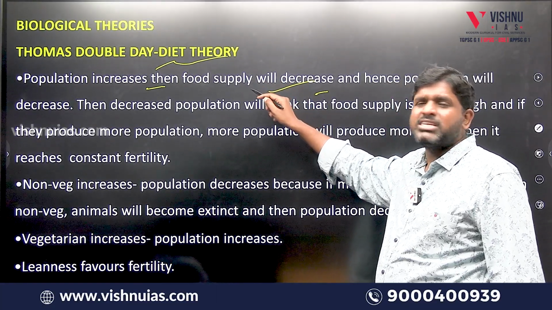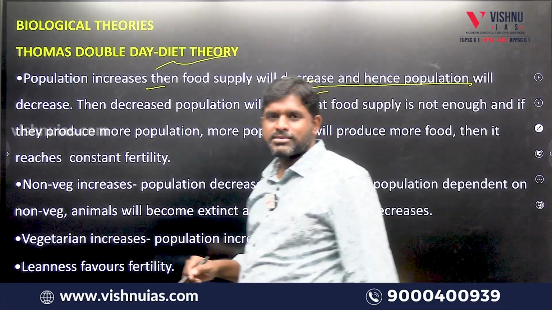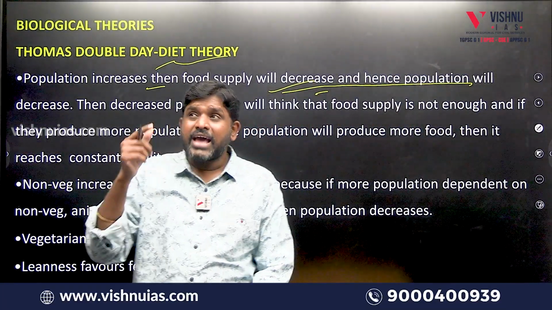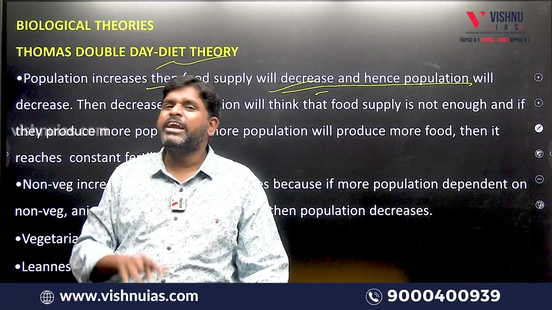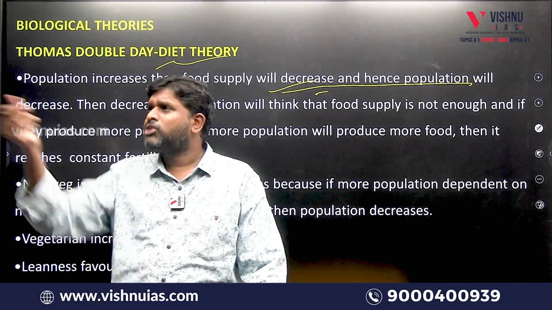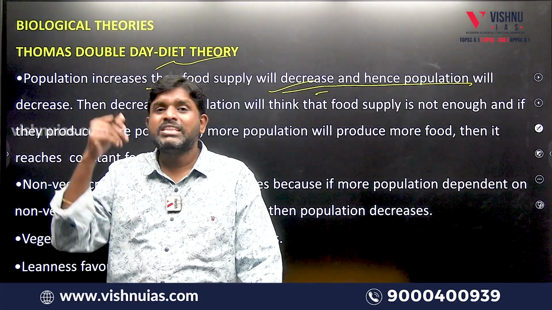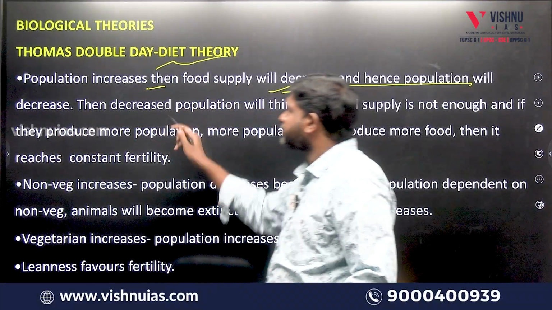So that overpopulated group will not get sufficient food, and when they don't get sufficient food, they die. When they die, the population decreases.